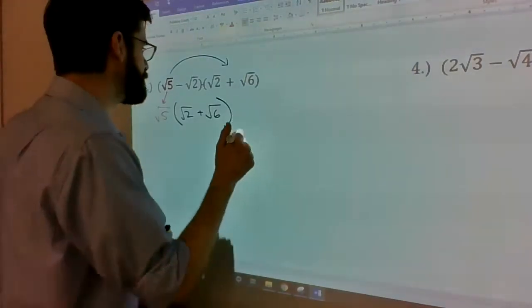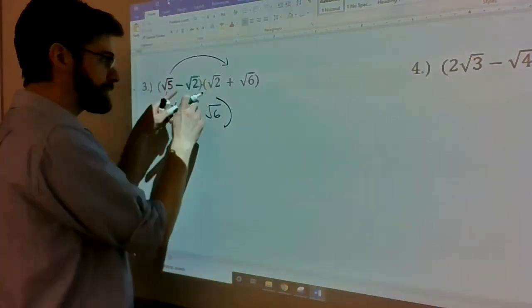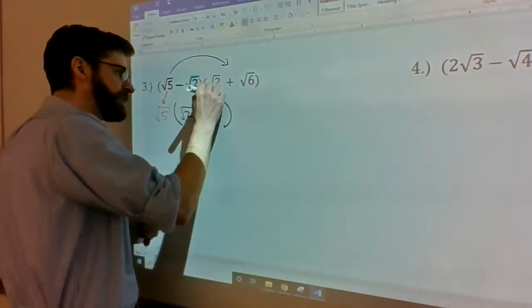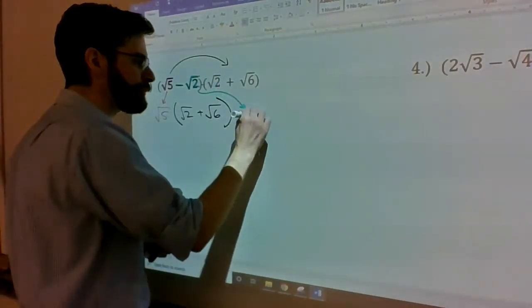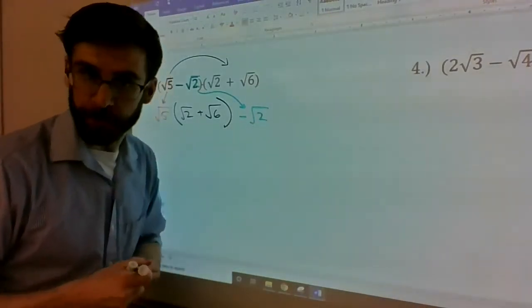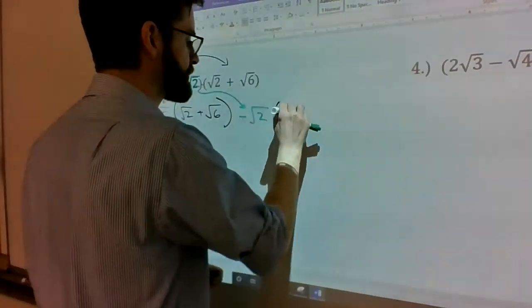But then we also need this negative root 2 to be multiplied by everybody else in the other set of parentheses. So over here, I'm going to put negative root 2 times, which the parentheses take care of that, times root 2 plus root 6.